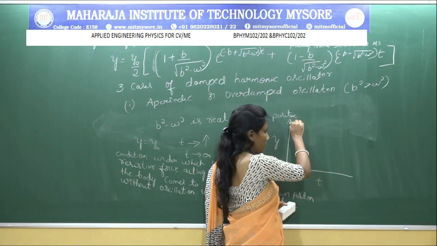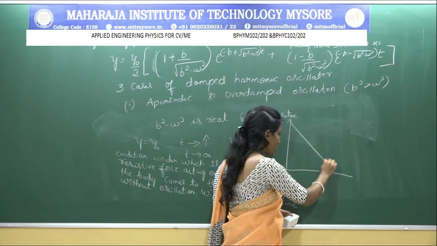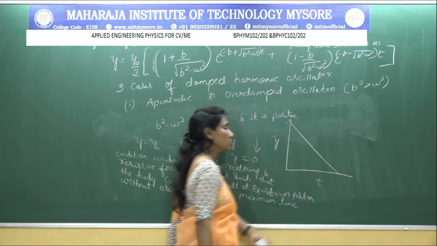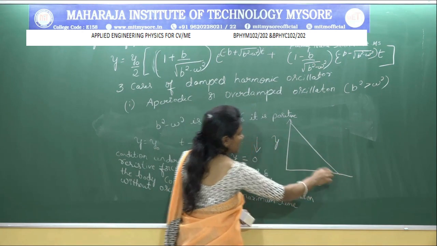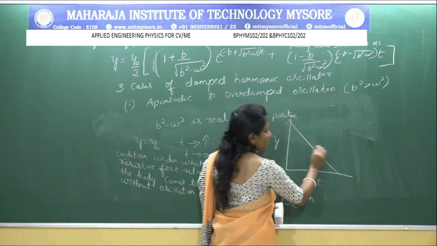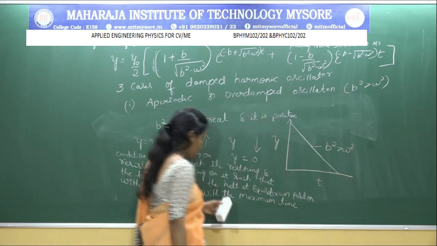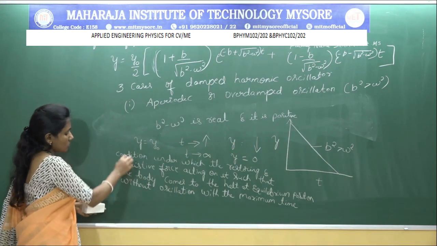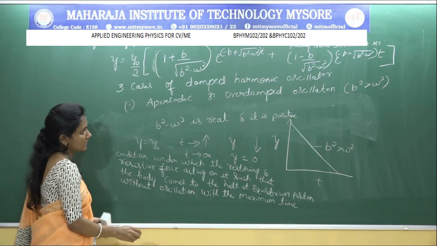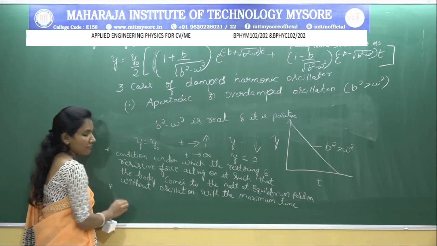So in the graph of displacement on the y-axis against time, the body starts from the initial displacement y naught, and as the time progresses, the displacement becomes 0. So this is the case when b square is greater than omega square. Also it is the case of high damping, heavy damping.